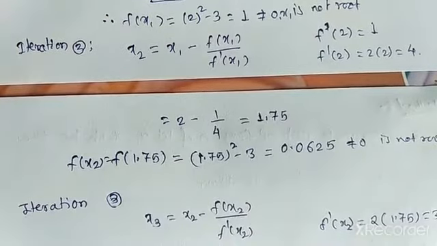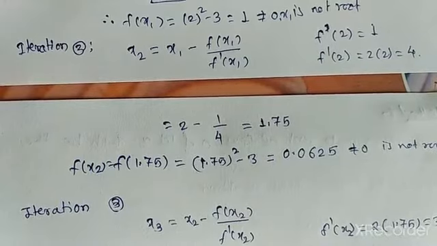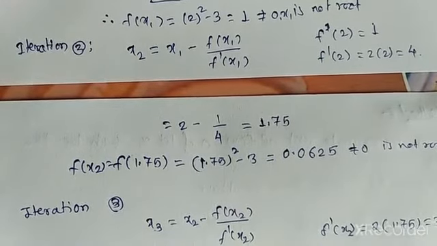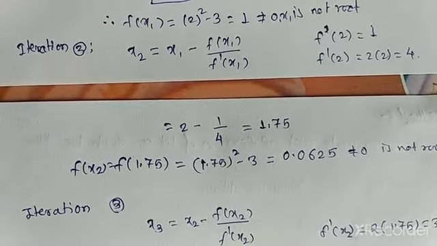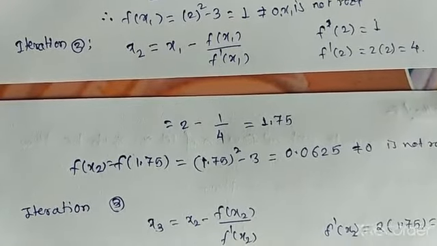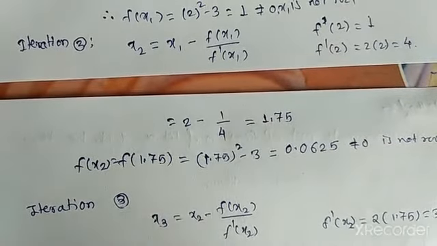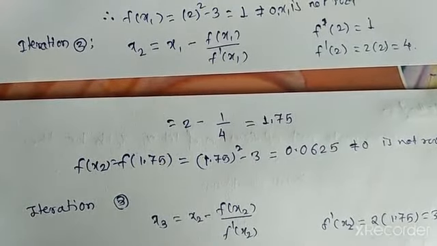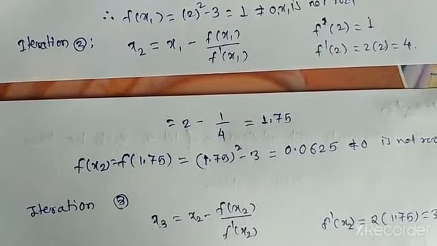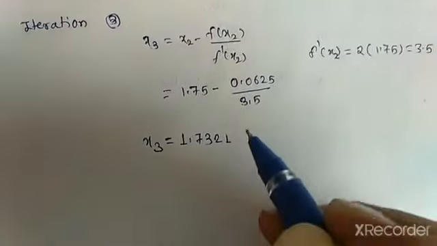So the answer is 1.75 minus 0.0625 divided by 3.5, which gives us 1.7321. x3 will be equal to 1.7321.